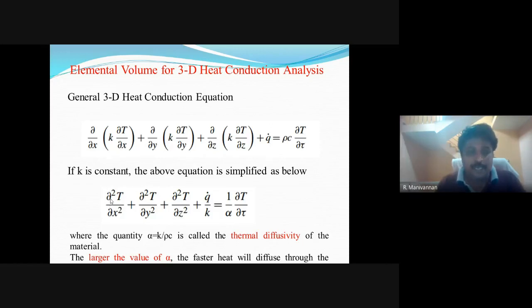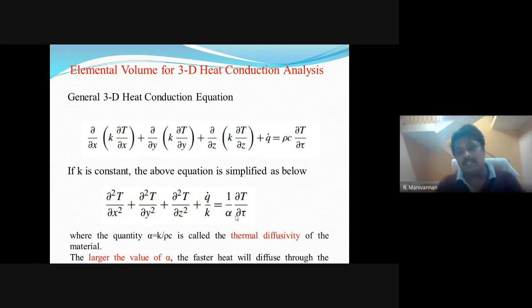So we will get the equation as ∂²T/∂x² plus ∂²T/∂y² plus ∂²T/∂z² plus q dot divided by k equals 1 by alpha into ∂T/∂τ. This is the general 3D heat conduction equation with constant thermal conductivity, and this is also written for the unsteady state case.